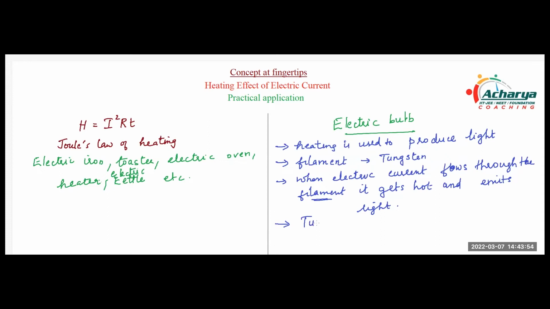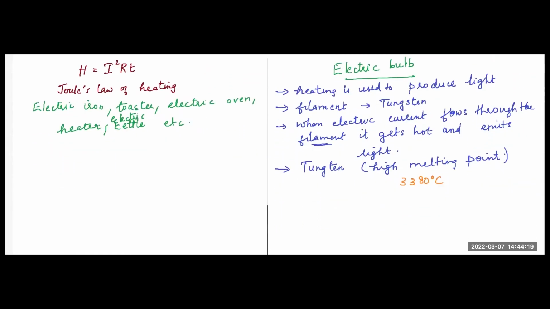So tungsten is used because it has a high melting point. The melting point of tungsten is about 3,380 degrees Celsius, and because of that, it doesn't melt easily.